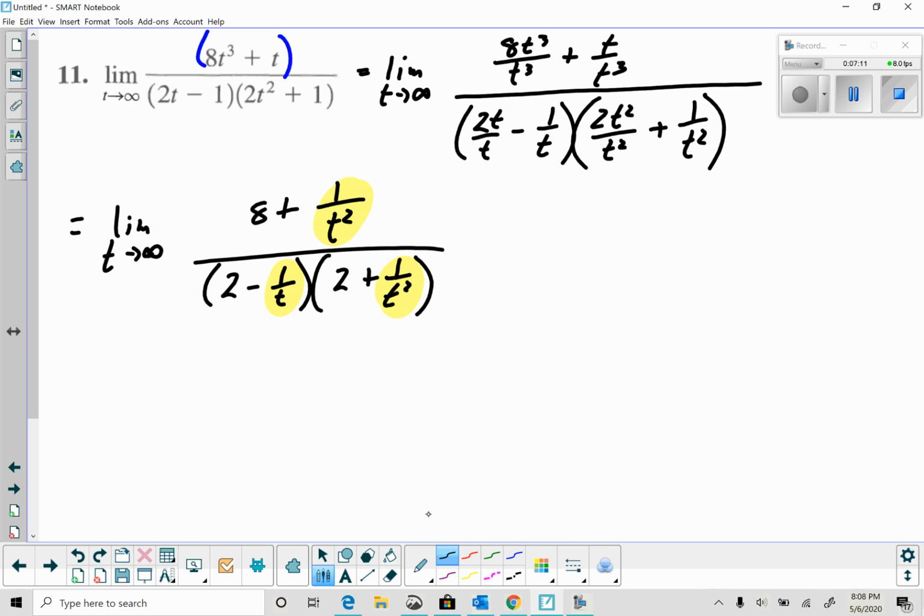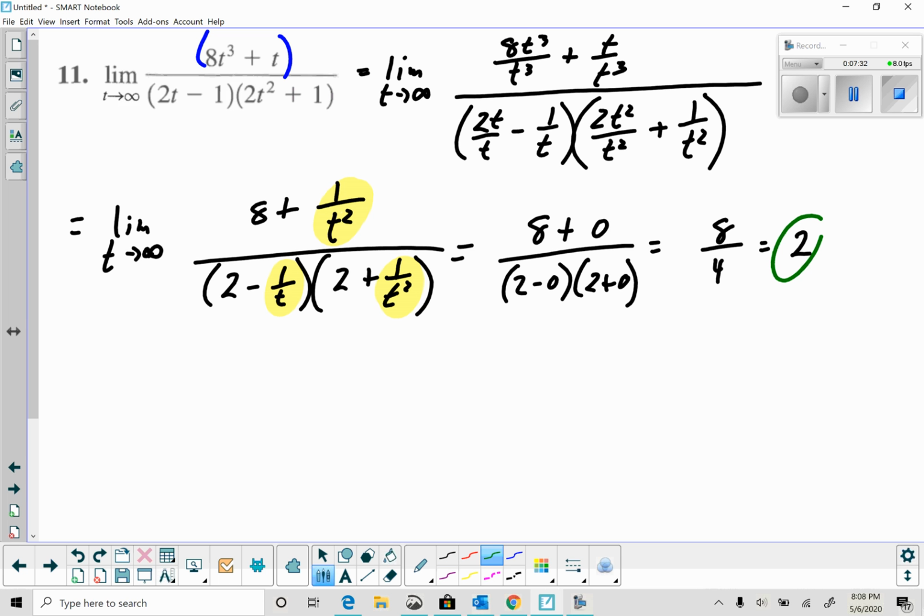So in the end, this really becomes 8 plus 0 over 2 minus 0 times 2 plus 0. How are we doing on that? 8 over 4 is 2.